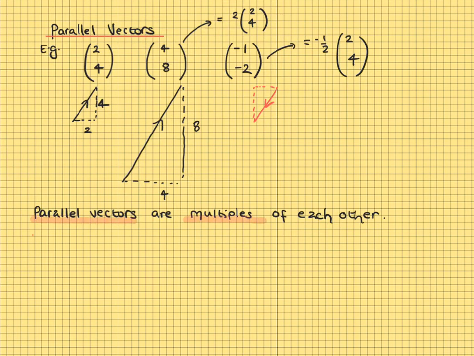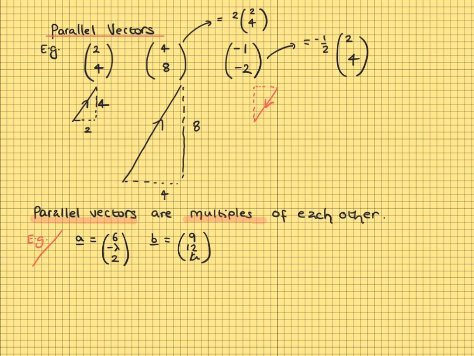Let's take a look at an example. I'm going to define a vector A, which is equal to 6, negative lambda and 2. And I'm going to define a vector B, which is equal to 9, 12, mu.